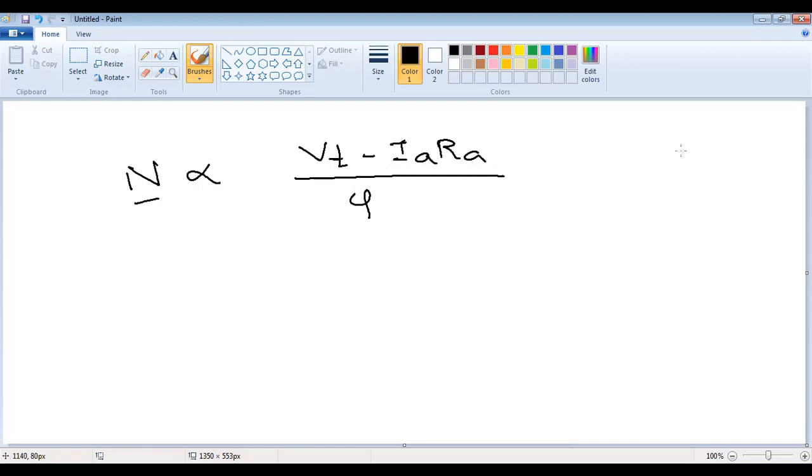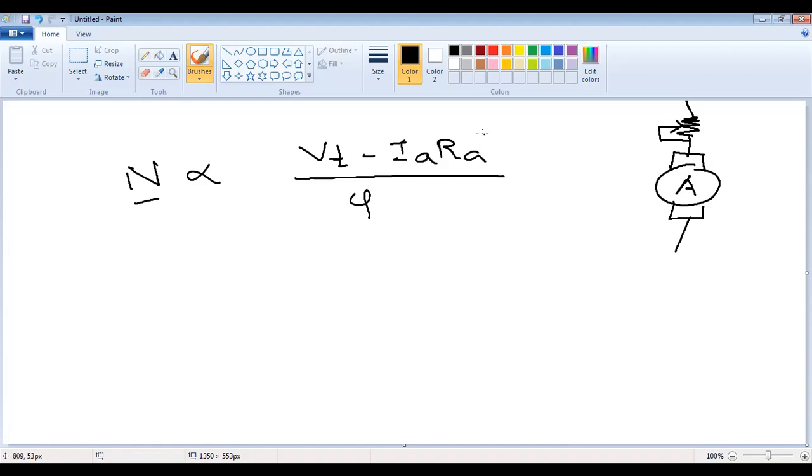You have already seen in the circuit which I drew earlier that the armature is there, and in series with the armature an external resistance is connected.